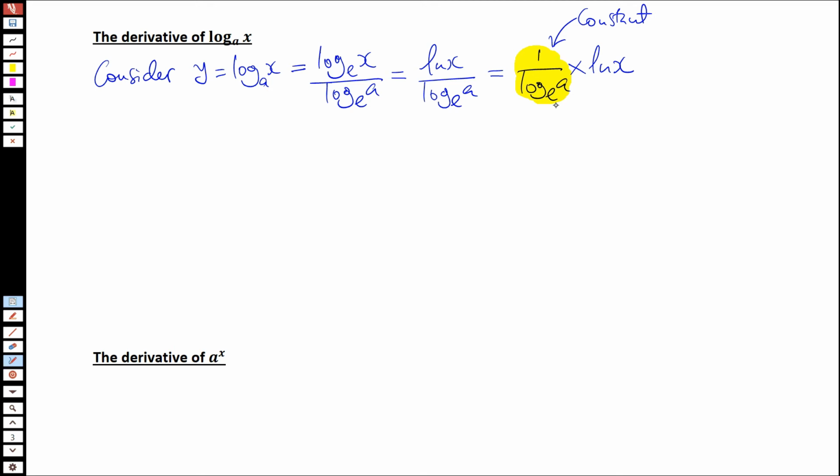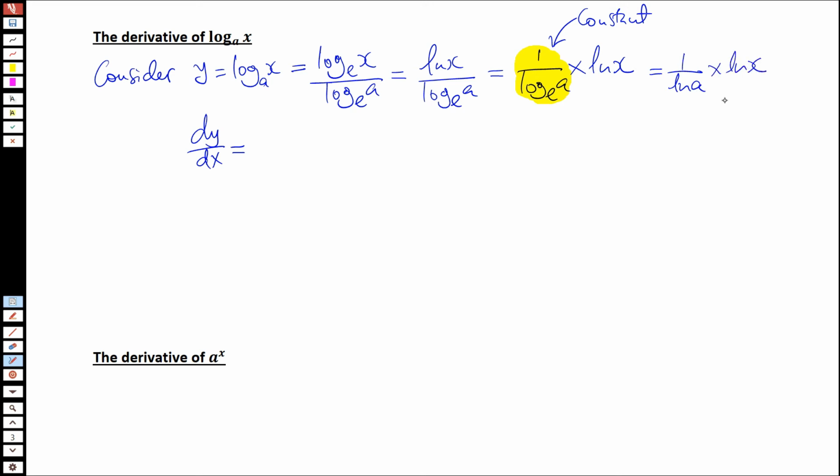So dy over dx will be equal to, and by the way, this constant here is basically 1 over ln a. So this is the same as 1 over ln a multiplied by ln x.